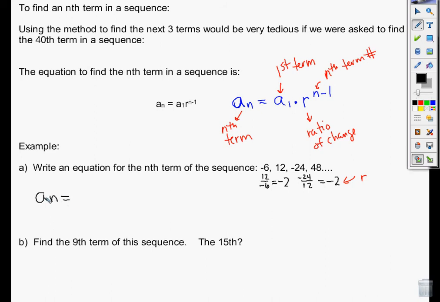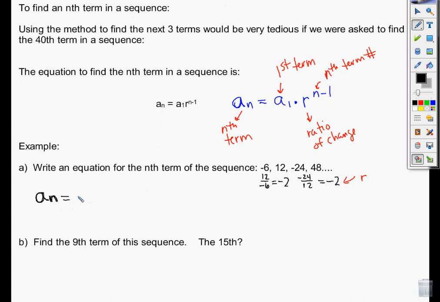A to the n, that's what number you're looking for, so that just stays a to the n. And the a's are like the letters, so this would be a1, a2, a3, a4, and a5, etc., going down the list. The a's just stand for some number in a sequence. And then that sub number is what order they come in.